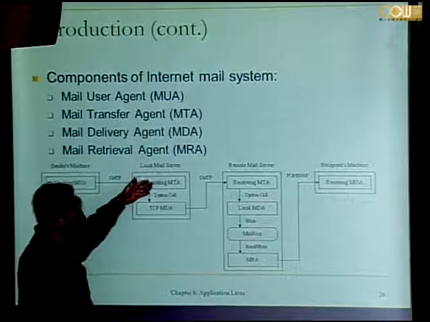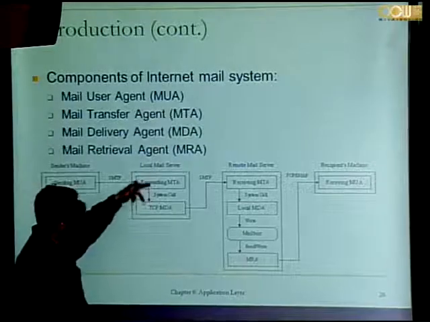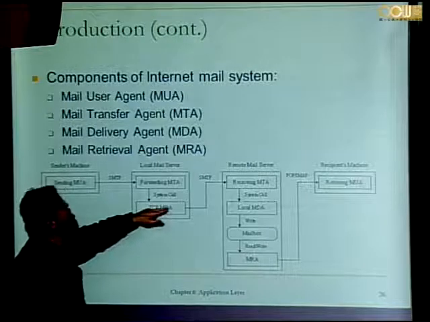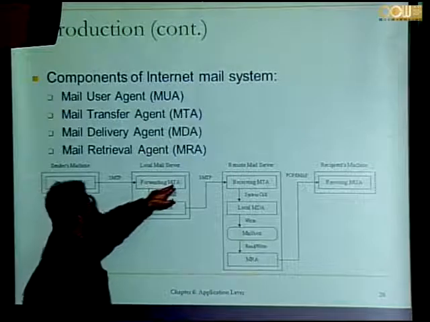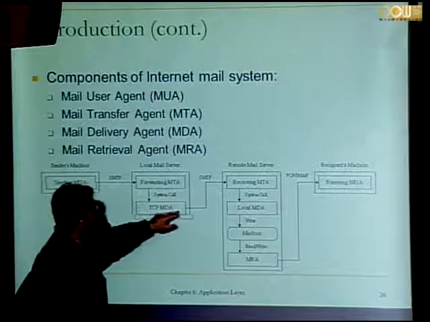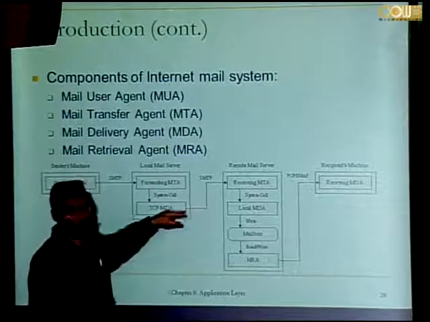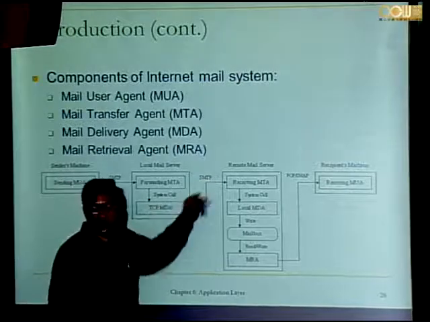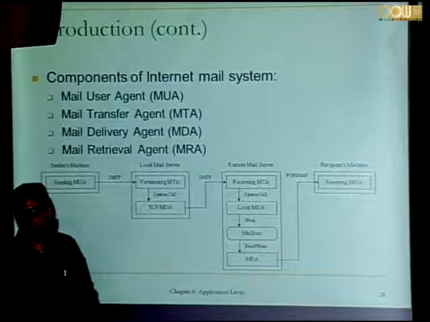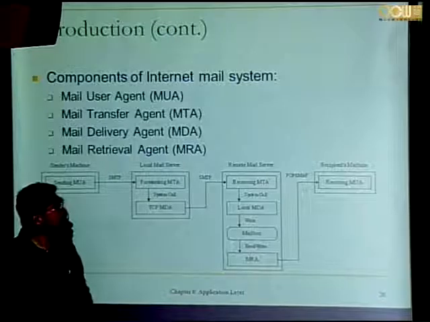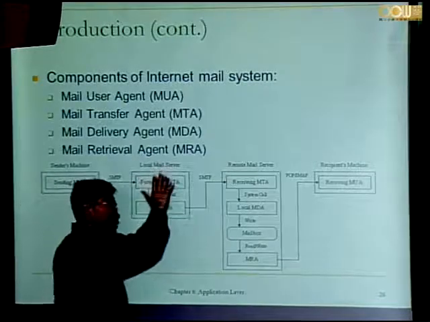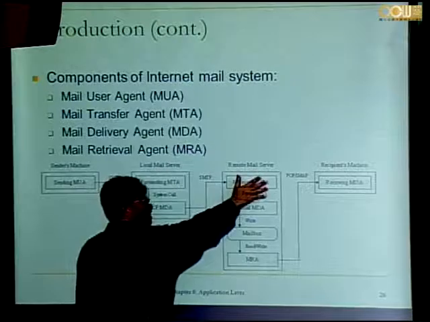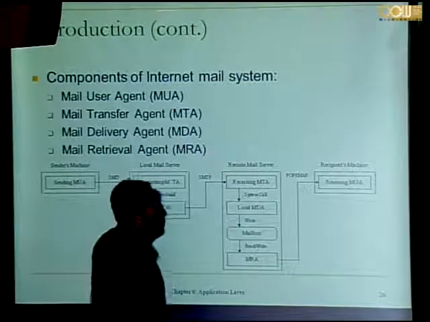And then the local mail server, which is a mail transfer agent, would call the mail delivery agent. The mail delivery agent would then use SMTP protocol messages to send the mail to the remote mail server. So this is my mail server, and this is my friend's mail server.